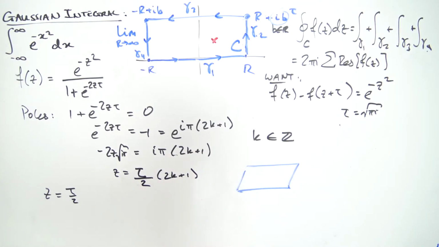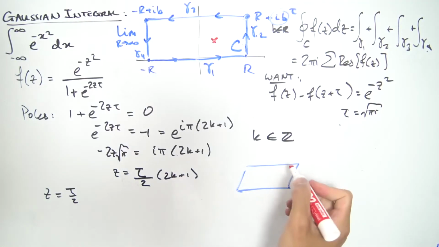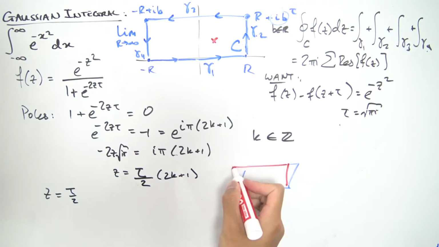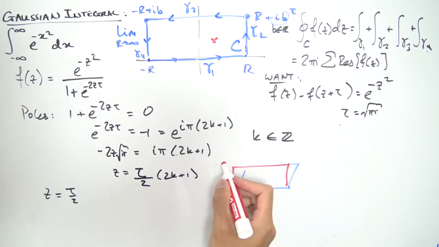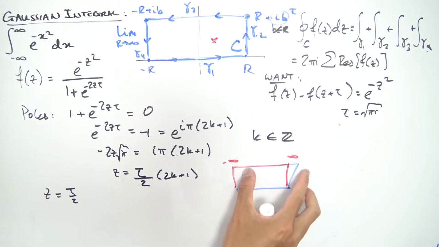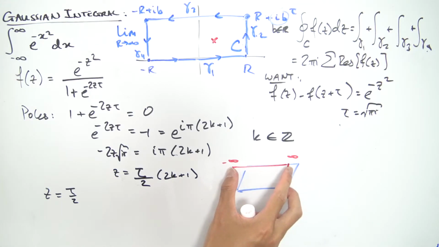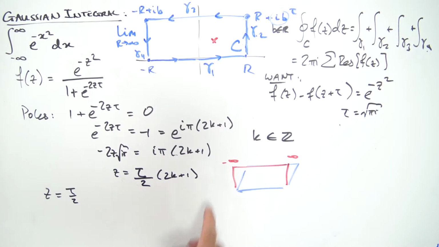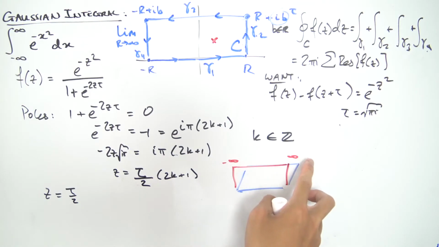We can just still consider a simple rectangle. The reason being is because on the top path over here, we're going from minus infinity to infinity eventually, and it doesn't matter if we shift it by some finite amount. You can justify that by looking at the integral, just doing a substitution to adjust the shift back into a rectangle, and then the bounds won't change. It's still going to go from minus infinity to infinity.